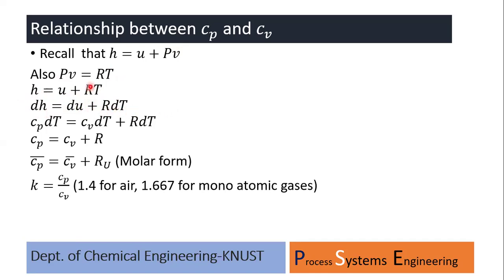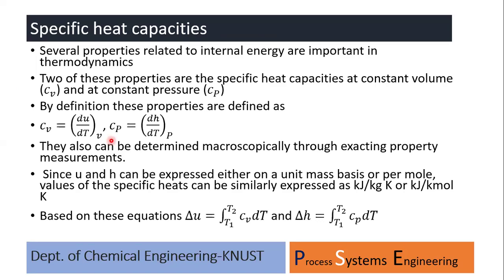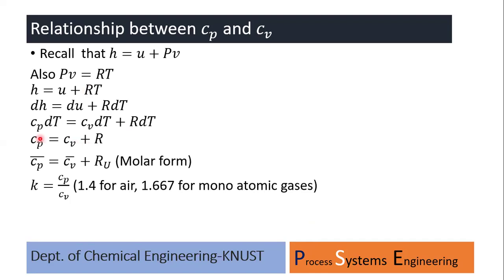The reason why it is R dT is because R is a constant, so I can just bring it out and then differentiate the temperature. And then remember from here, we said that if I make the H the subject, it's going to be Cp dT. And if I make the U the subject, it's going to be Cv dT. So this dH here, I can change it to Cp dT. And then this dU, I can make it Cv dT.